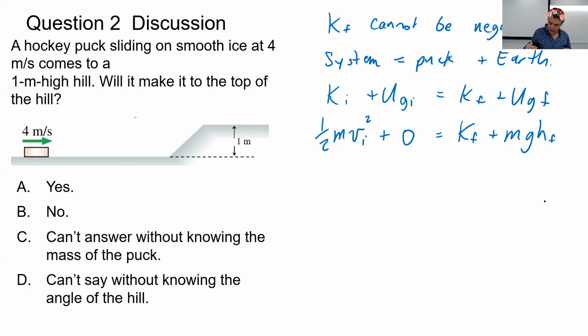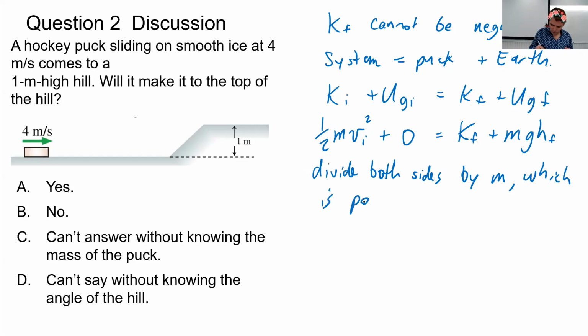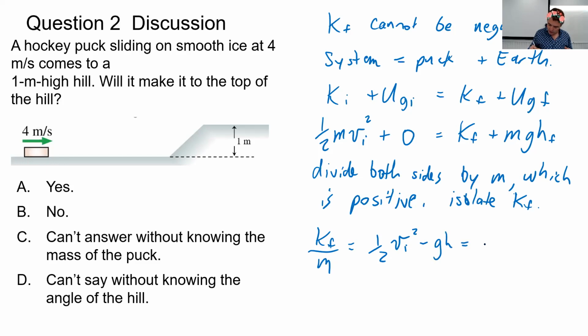And so what we can do is divide both sides by m, which is mass, so that's positive for sure. And then we can also isolate K sub f, which is what's important. What I got there is K sub f divided by m is equal to 1/2 v_i squared minus g times h. So you can actually calculate that.